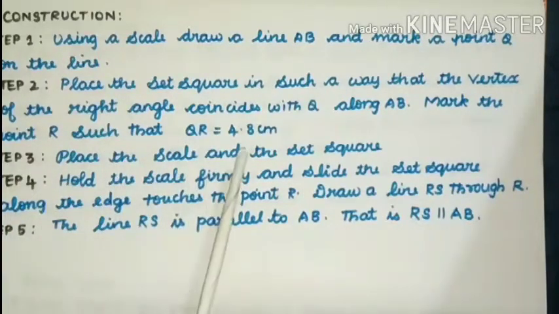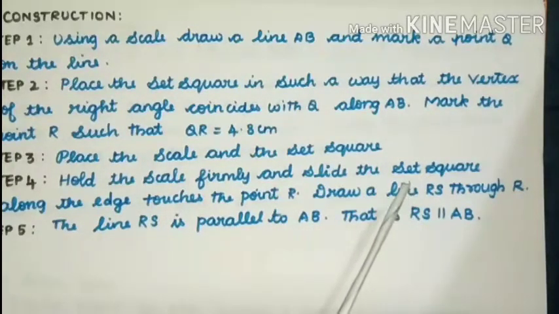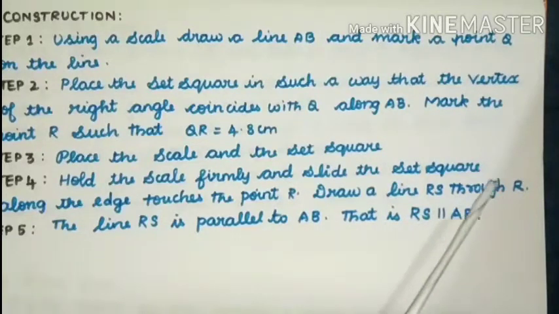Place the scale and the set square on the line. Step 4. Hold the scale firmly and slide the set square along the edge until it touches the point R. Draw a line RS through R. Step 5. The line RS is parallel to AB. That is, RS is parallel to AB. This symbol shows that RS is parallel to AB.